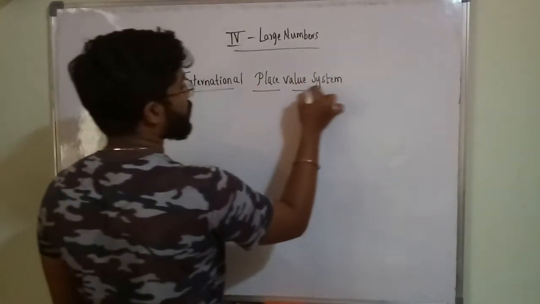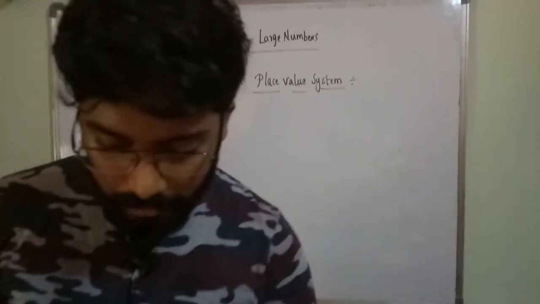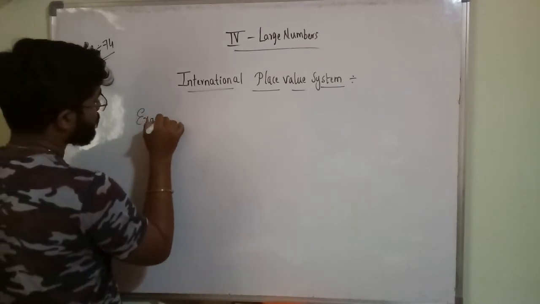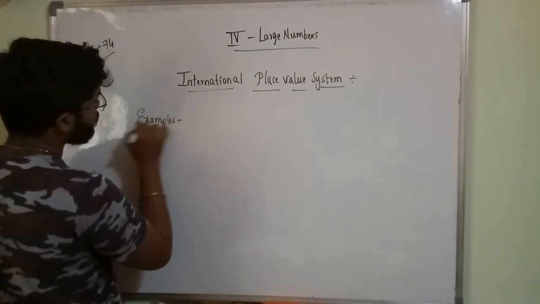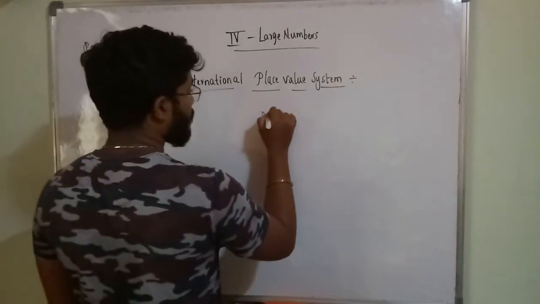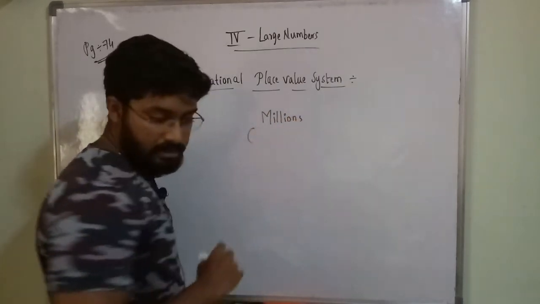International place value system. We are going to discuss the international place value system. In that he has given some examples. He gave a table in which you will have up to millions, 6 and 7 digit numbers.